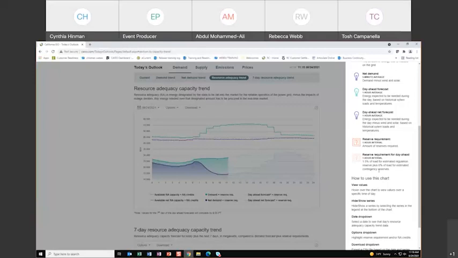So to reflect a more accurate representation of do we have sufficient capacity or not, we included the reserves there, which includes the 1.5%. That's also the estimated regulation reserve. So the 6% is contingency reserves, spin and non-spin, and the 1.5% is the regulation reserves.